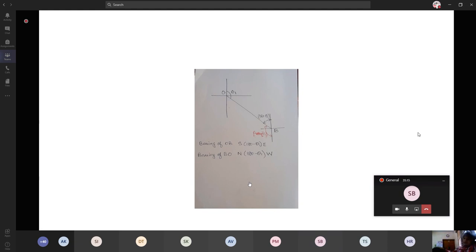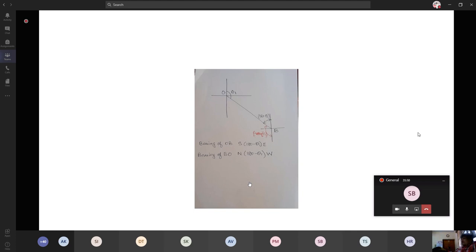North changes to south. East changes to west. So in a whole circle bearing, the difference is 180 degree between a fore bearing and a back bearing. Don't confuse yourself with clockwise or anticlockwise. In a reduced bearing system, you just change the quadrant alone.